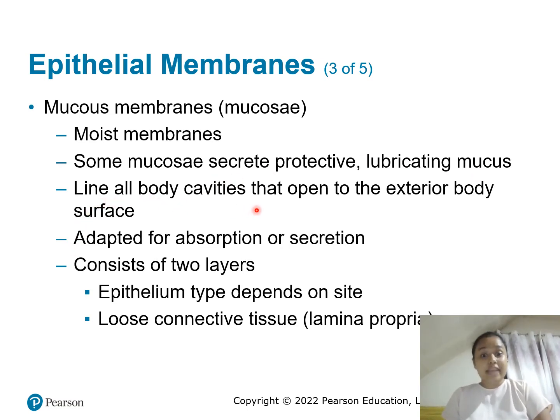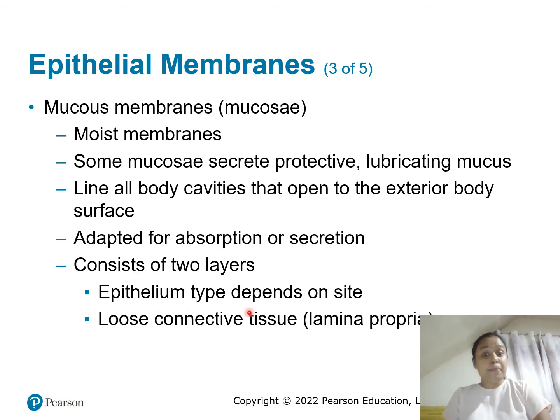They line all your body cavities that open to the exterior body surface. So what's one example of your mucous membrane? Your oral cavity, right? It has been adapted for absorption or secretion, and it has two layers.